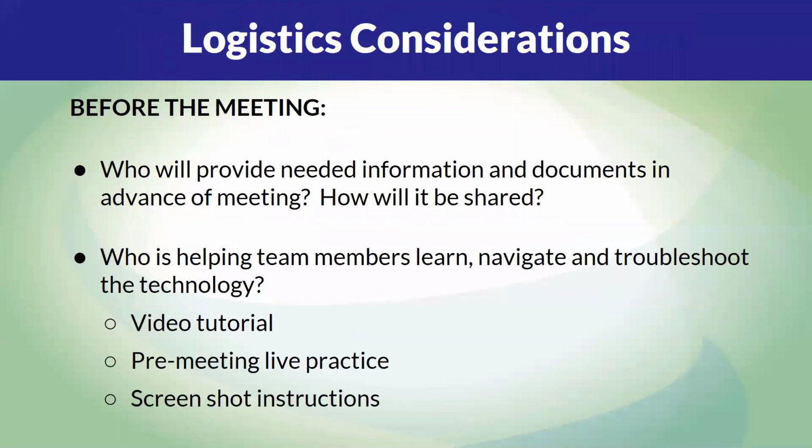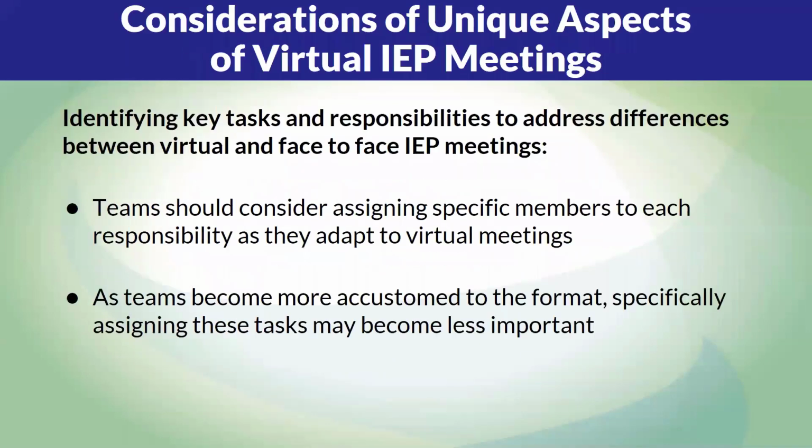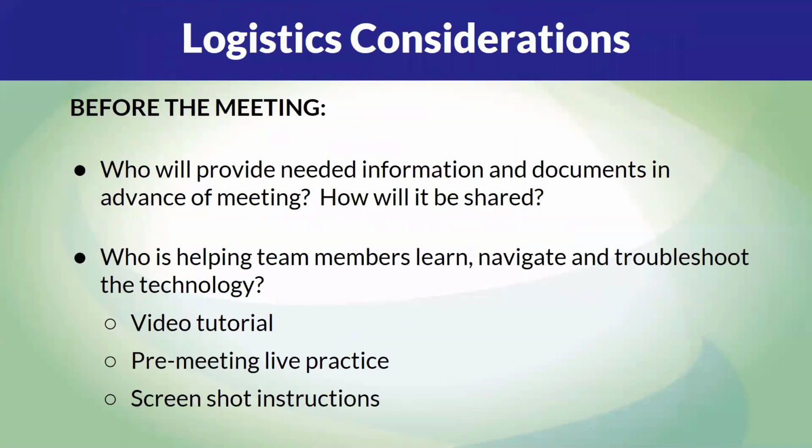So who gets assigned to those things will be dependent on several factors: what their official IEP team role is, their technology skills, their general communication skills, the relationship that they may have with parent or student.